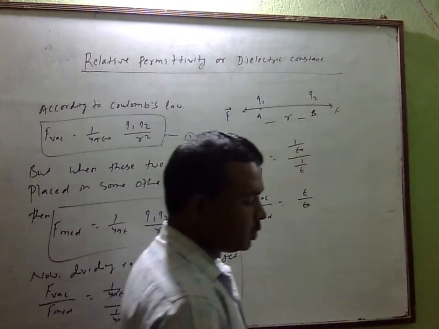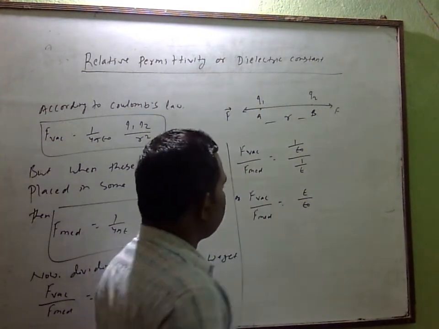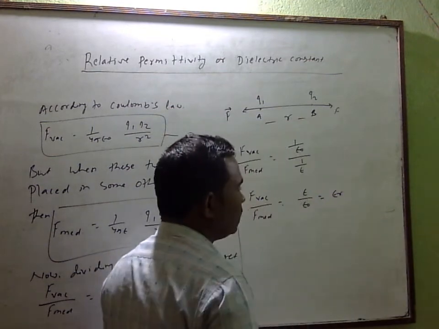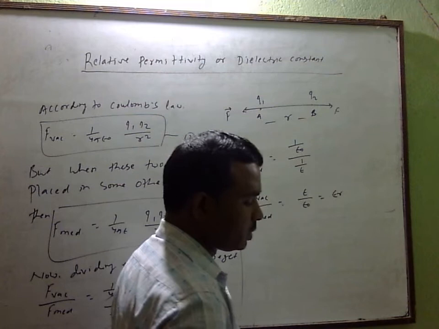This is equal to epsilon r, or you can also write the constant k.